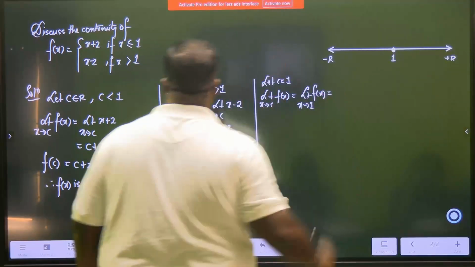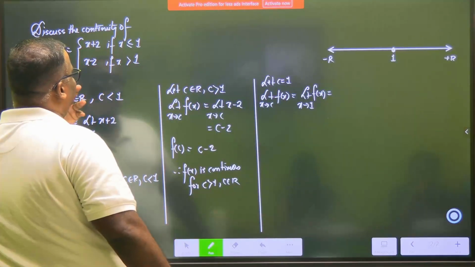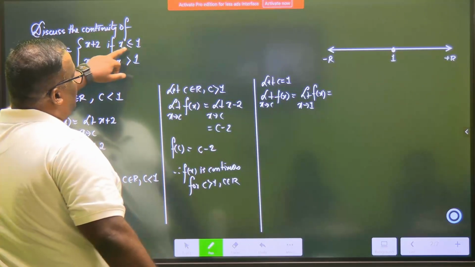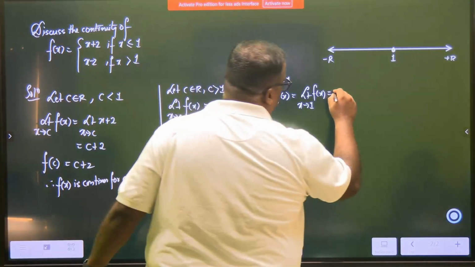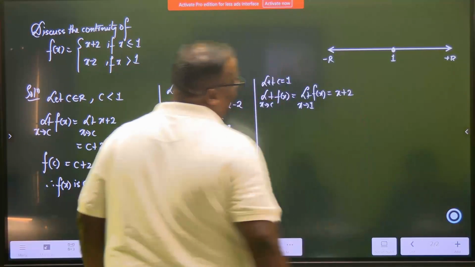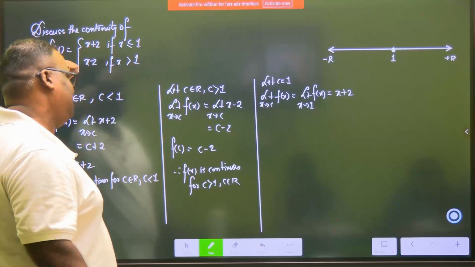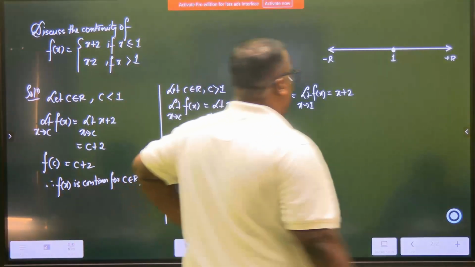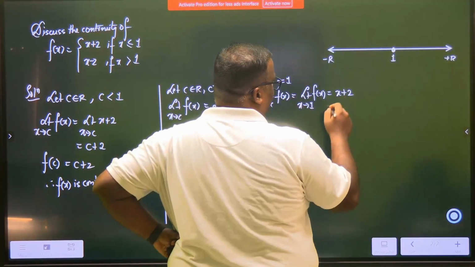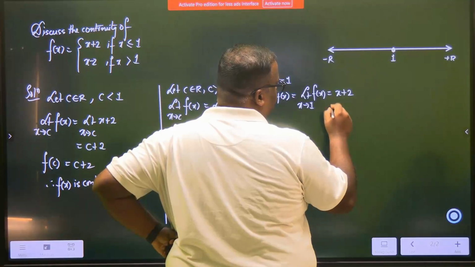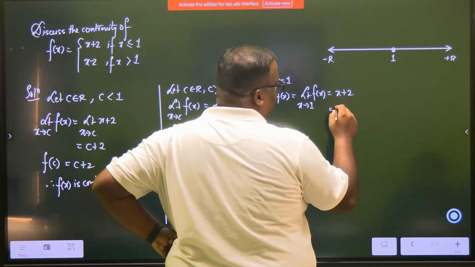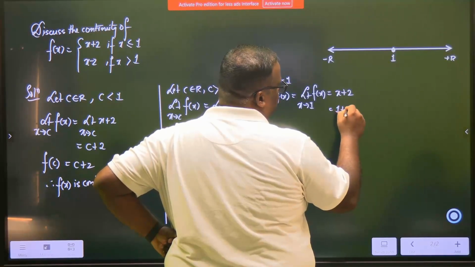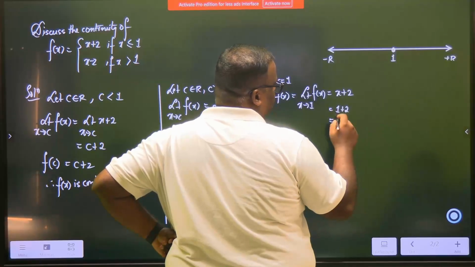Which function should I pick? At 1, it is x plus 2. Now, what is the value you are getting? The value I am getting here is 1 plus 2, which is equal to 3.